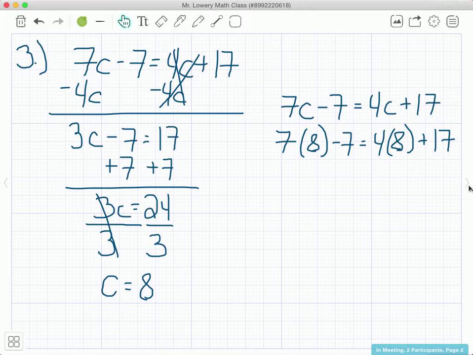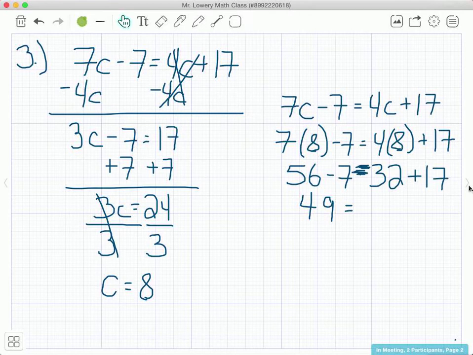All right, 7 times 8, 56, minus 7 is equal to 32 plus 17. That's an equal sign right here, not a negative sign. It kind of looks bad. 56 minus 7 is 49 equals 32 plus 17, 49. All right, good to go on this one.